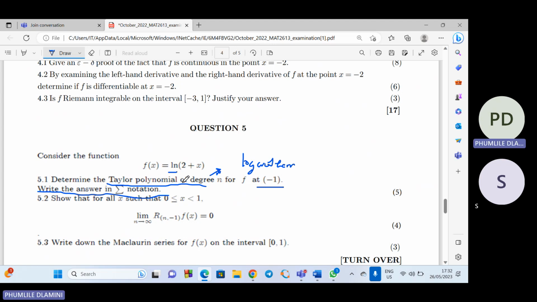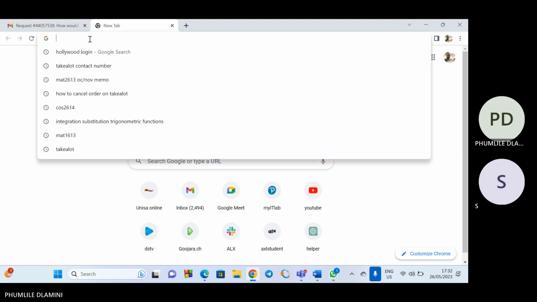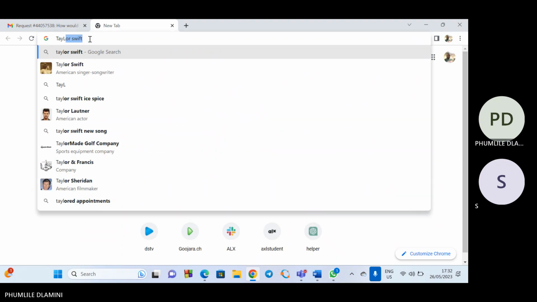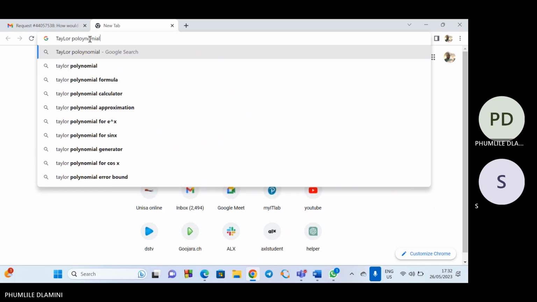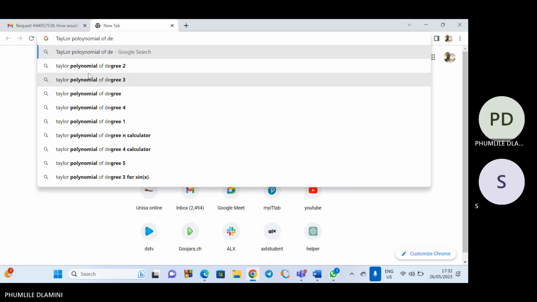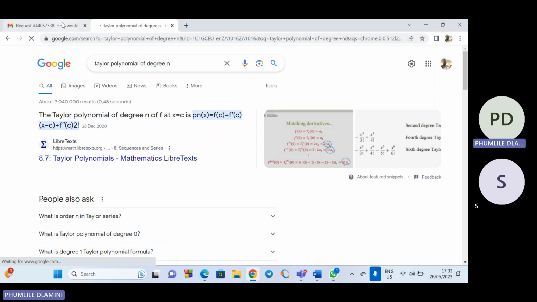As for the reason part, if you Google Taylor polynomial of degree n, you will get the standard format, a formula.